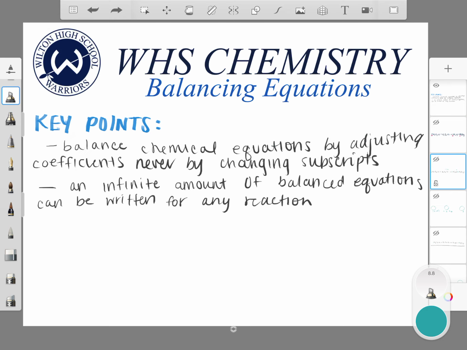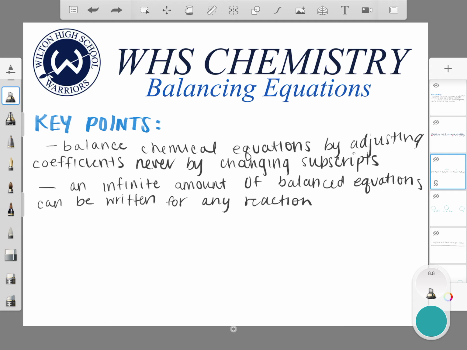And just some key points when you balance an equation. In order to balance it, like in that third step that we just did, you're always using the coefficients to change the number of atoms on both sides to fit the law of conservation of matter. You're never using the subscripts to balance it.